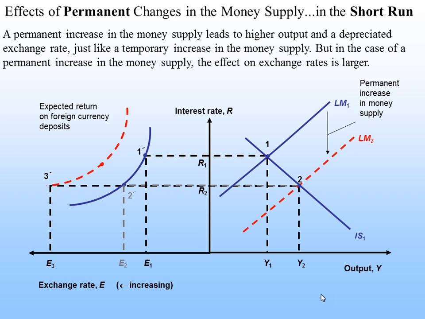But the minute this policy is announced, market participants' expectations of future exchange rates change. And that shifts this curve, the expected return on foreign currency deposits measured in the domestic currency, out immediately.